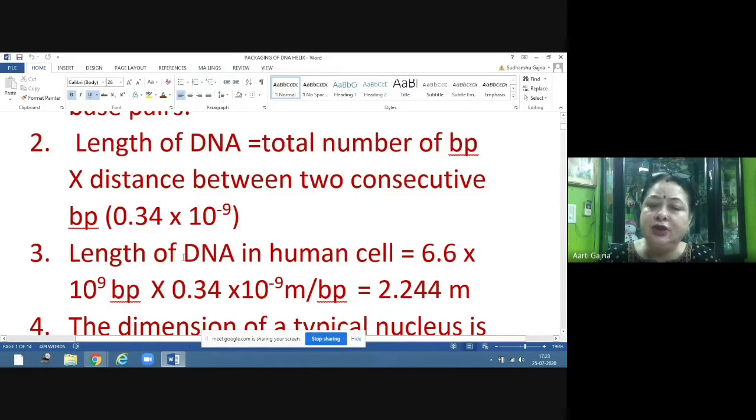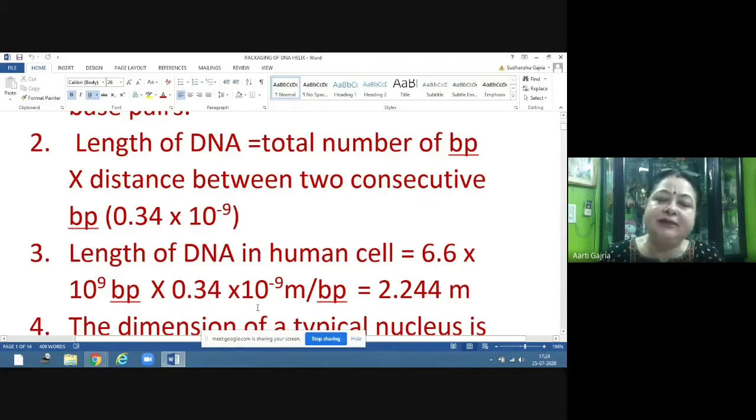The length of DNA in a human cell is 6.6 into 10 raised to the power 9 base pairs. We know that a haploid human cell has 3.3 into 10 raised to the power 9, so the diploid human cell would have 6.6 into 10 raised to the power 9 base pairs.